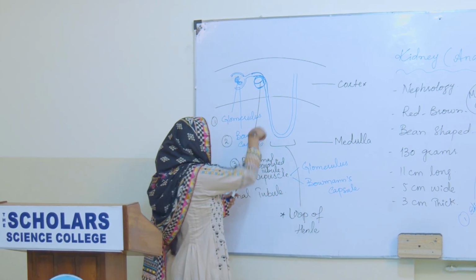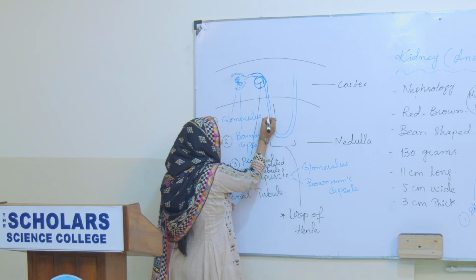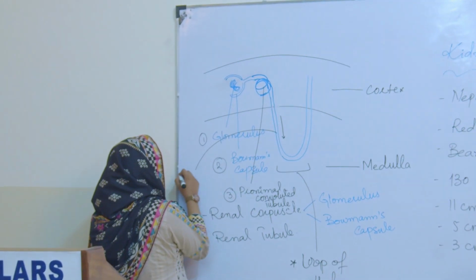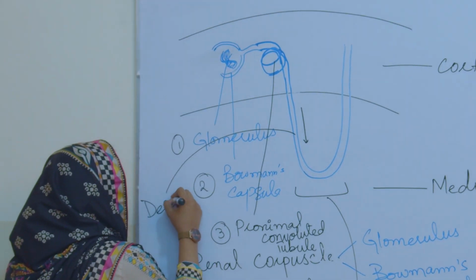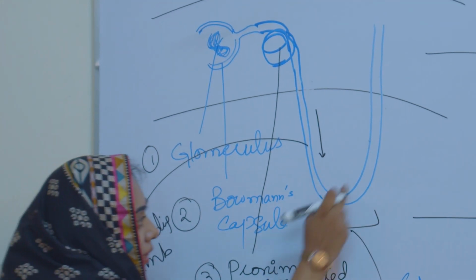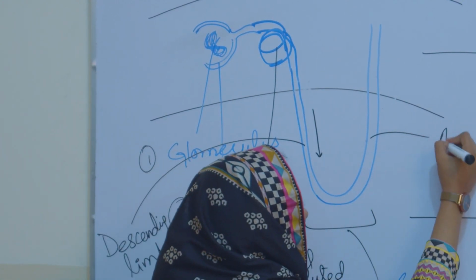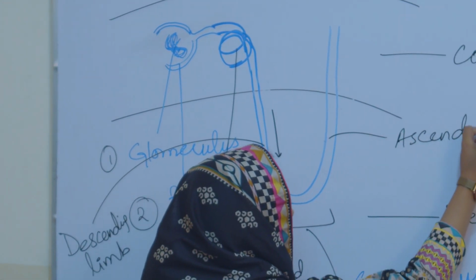So here this limb which is descending down into the medulla is known as the descending limb of loop of Henle. While this which is going upward is known as the ascending limb of loop of Henle.